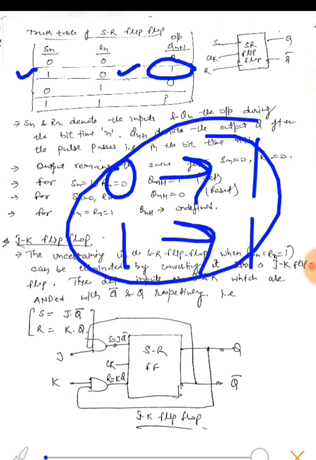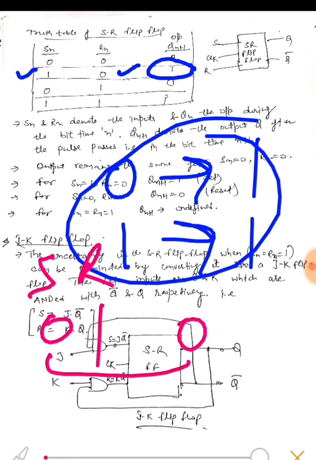Similarly, if we provide 0 and 1 as S and R, then Qn plus 1 would be 0. If it was 0, it will remain 0. If it was 1, it will change to 0.